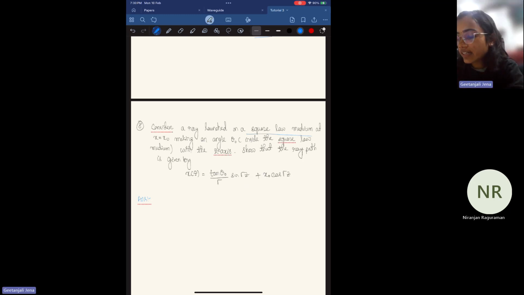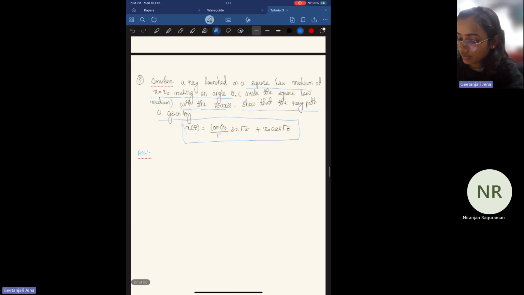So consider a ray launched on a square law medium at x equal to 0, making an angle theta 0 inside the square law medium with the z-axis, so that the ray path is given by this. Here you can see we have both sine and cosine. So first let us draw the schematic.